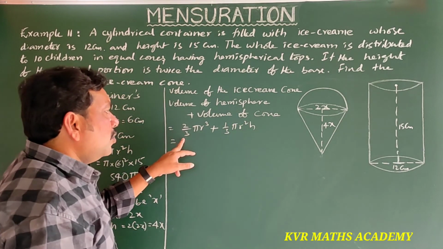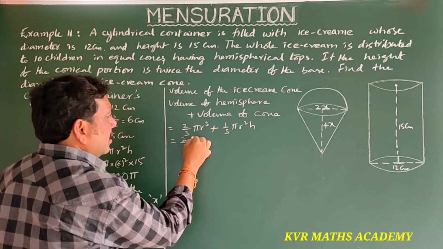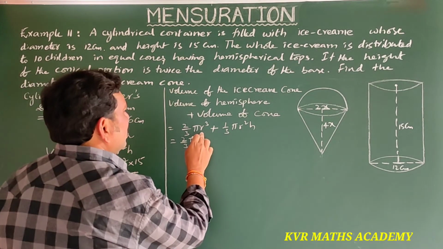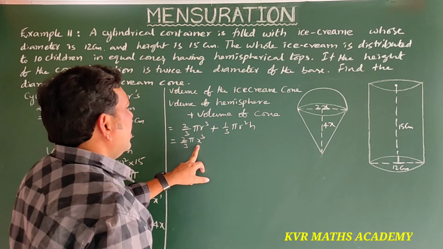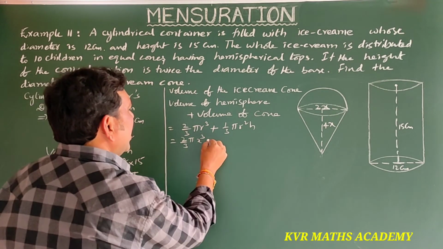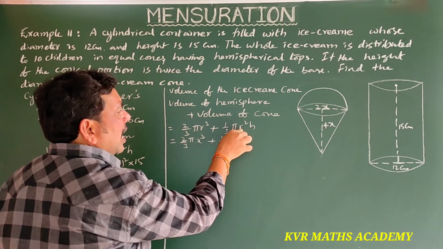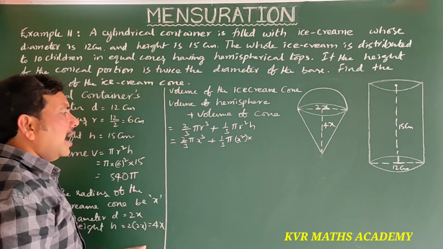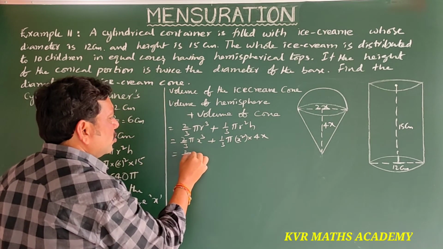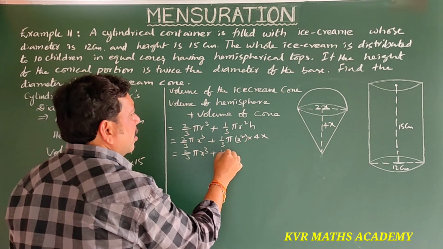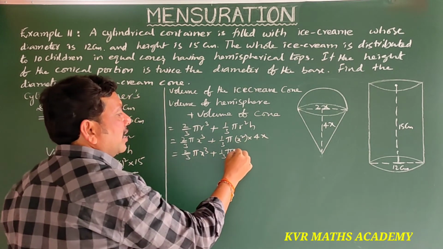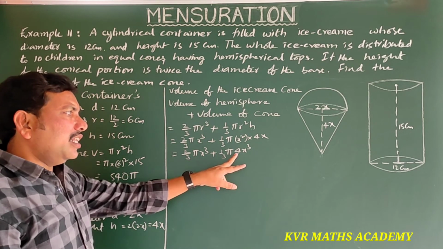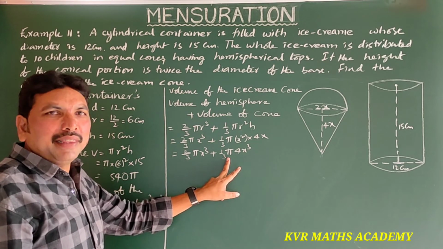With r equal to x, that is 2 by 3 pi x cube plus 1 by 3 pi x square into height 4x, which is 4x cube.